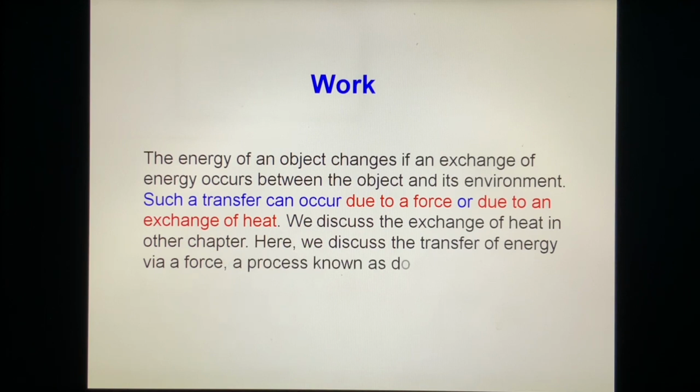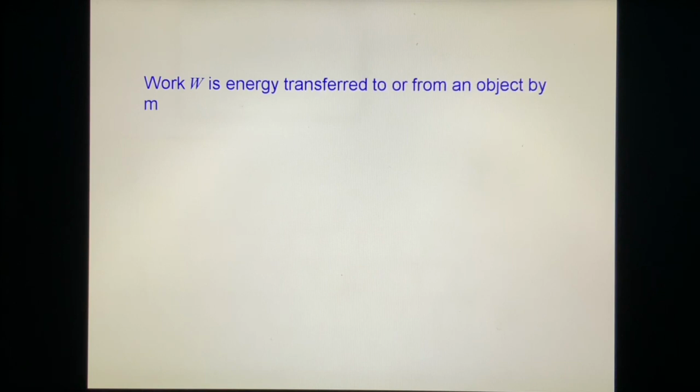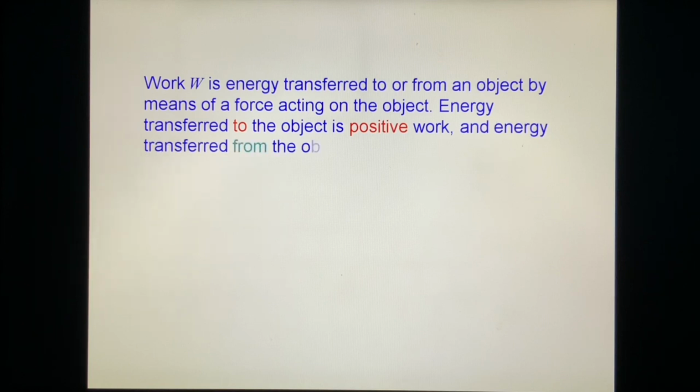Here, we discuss the transfer of energy via force, a process known as doing work. Work W is the energy transferred to or from an object by means of a force acting on the object. Energy transfer to the object is positive work, and energy transfer from the object is negative work.